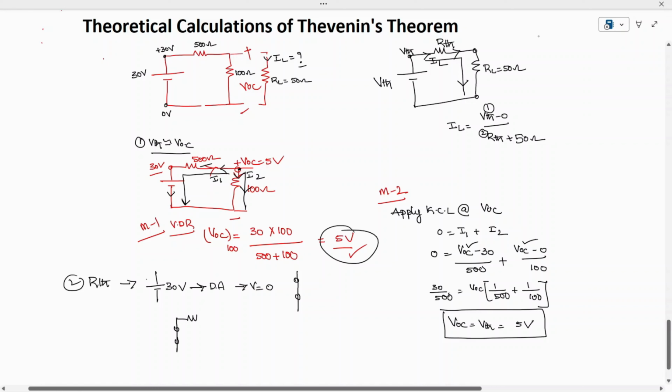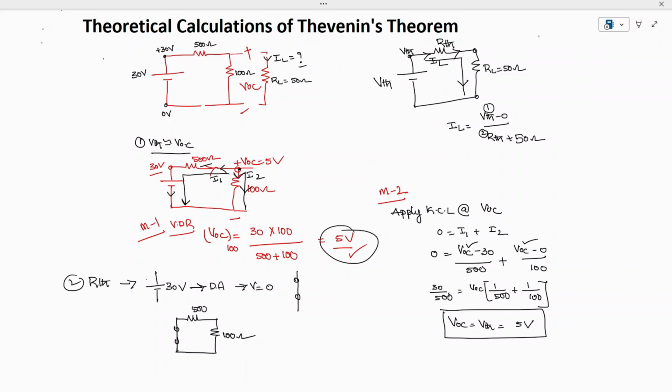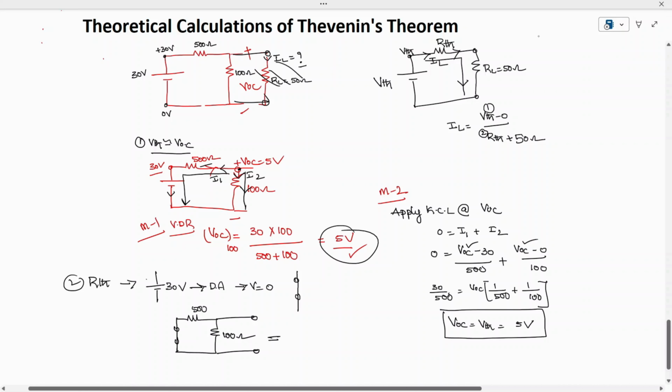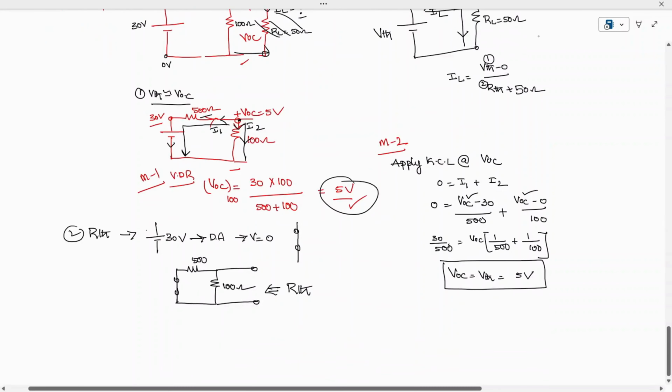Now this source is short circuited and we have a 500 ohm resistor, and here we have a 100 ohm resistor. The process is to first remove the load resistor, and find the resistance from the open circuited terminal from this side.